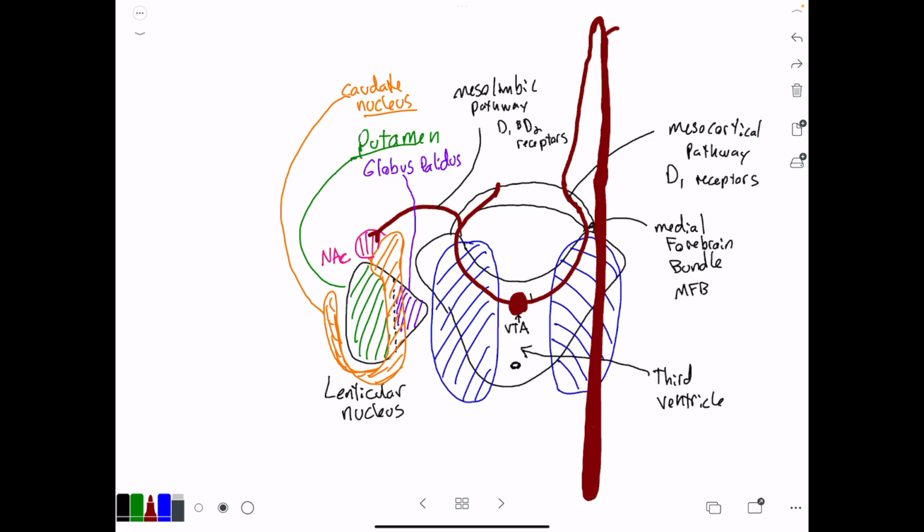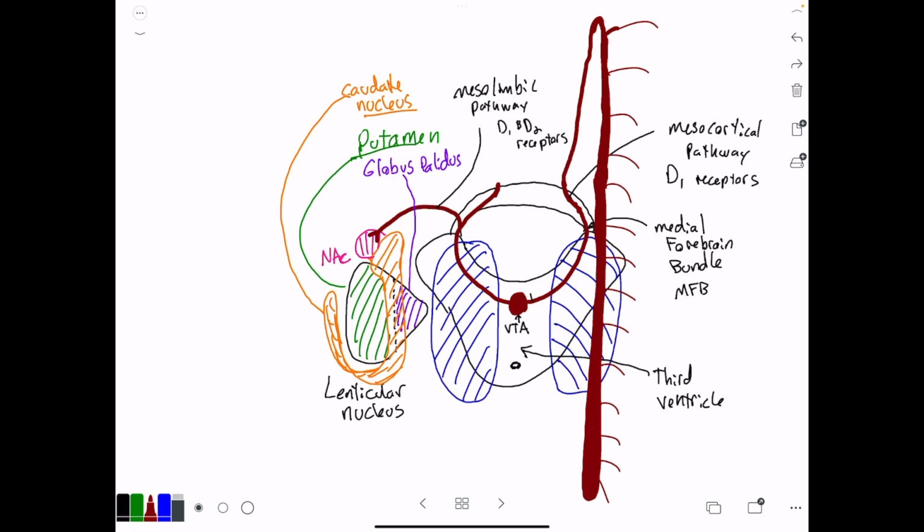Into the cortex, right? And there are lots of processes, axons that come off. So this is a bundle of many neurons coming from the ventral tegmental area. The medial forebrain bundle, as we call it when it's still in the hypothalamus, extends out into the cortex.